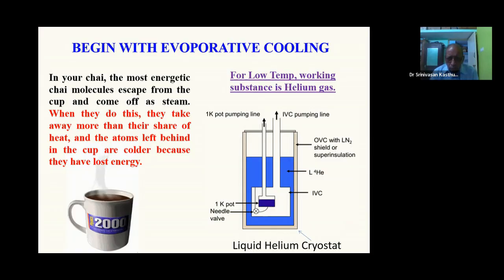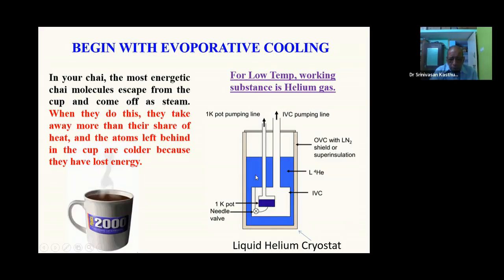So, for low temperatures, the working substance people use is helium, and you have a liquid helium bath, and then you can see a liquid helium cryostat. You allow a small quantity of helium to come inside using a small needle valve, and then you rapidly pump on it. If you rapidly pump on the helium, you get temperatures close to 1 Kelvin.